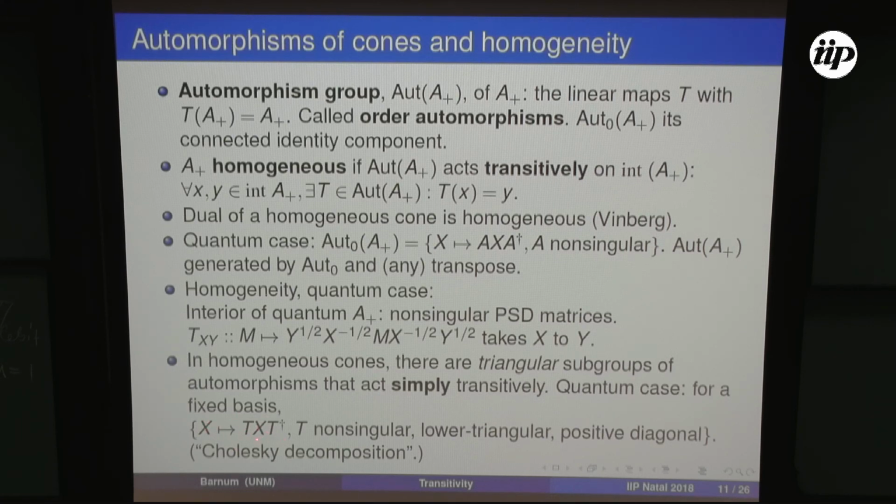This map will take the identity to TT dagger. TT dagger of this form covers the interior of your cone once. And then if you can take the identity to anything, the inverse will take any other thing to the identity, where you adapt it to the thing you're trying to get to the identity. And so you can get from anything to anything else.